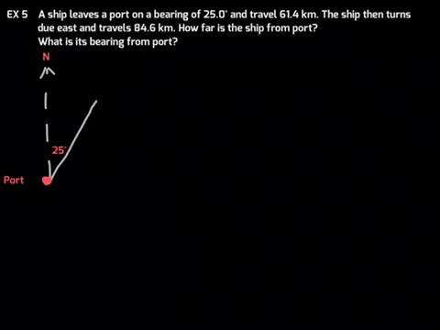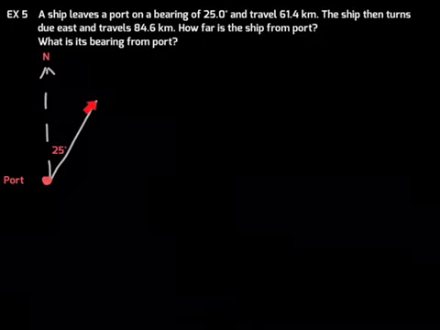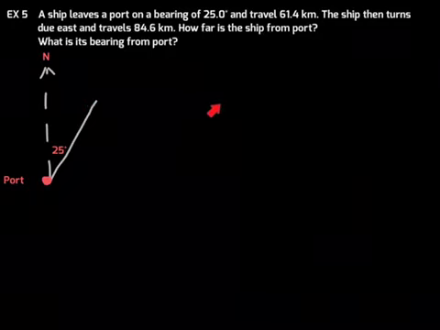So this is going to be due north for us, 25 degrees from due north. So the ship is traveling like this and travels for 61.4 kilometers. And then the ship turns due east. So it's going to start going east and travels for 84.6 kilometers.